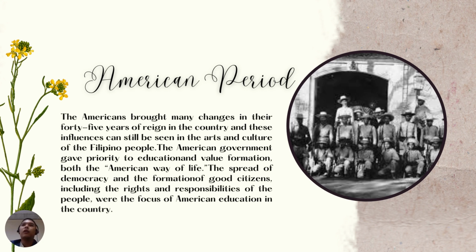So, one of the things that the Americans did was to disestablish the Catholic Church by purchasing an extensive amount of church land and redistributing these land properties.